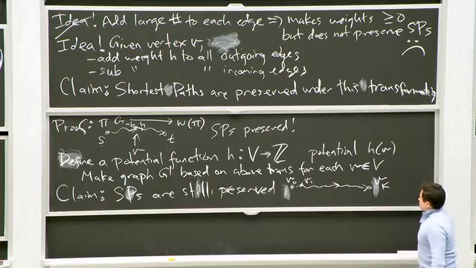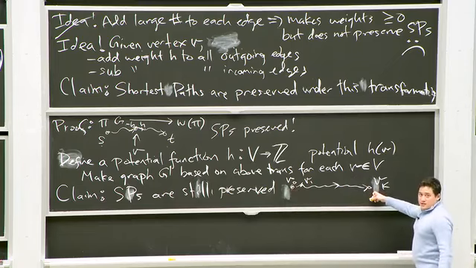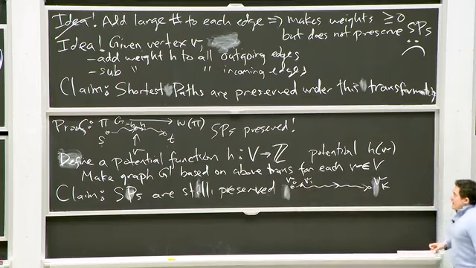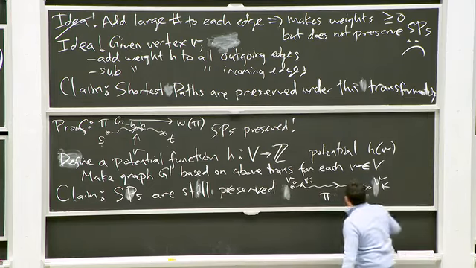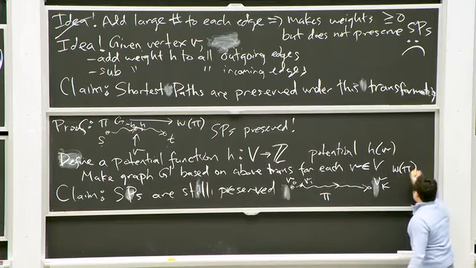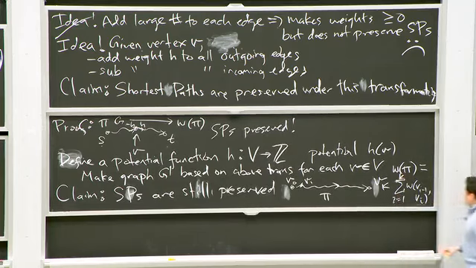I claim to you that any path from V0 to VK, any shortest path from V0 to VK remains a shortest path after I reweight everything in this way. Okay, so let's say this is path pi, and so it has weight W pi, which is really just the sum of all of the edge weights from Vi minus 1 to Vi for i equals 1 to K, right?